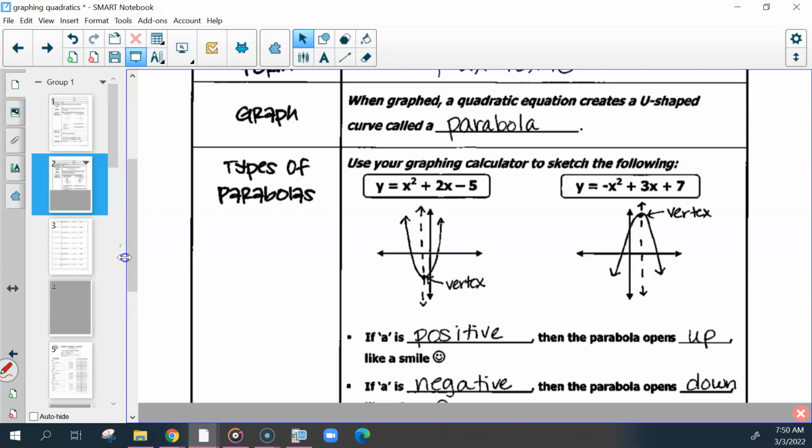When we are graphing these, if we have a positive a, so the a value in our quadratic, where the number in front of x squared is positive, our parabola, our quadratic, is going to face up.